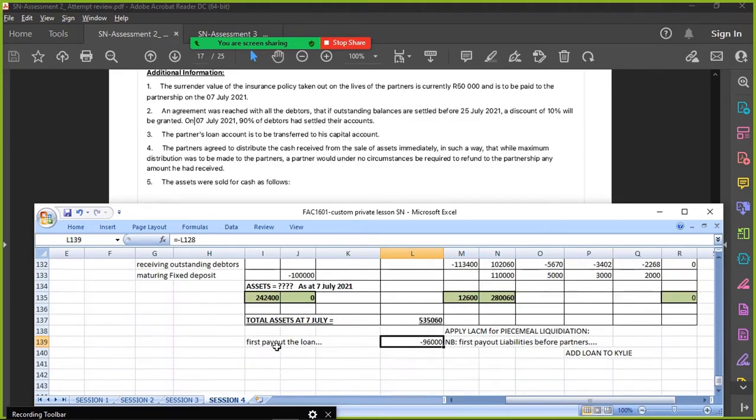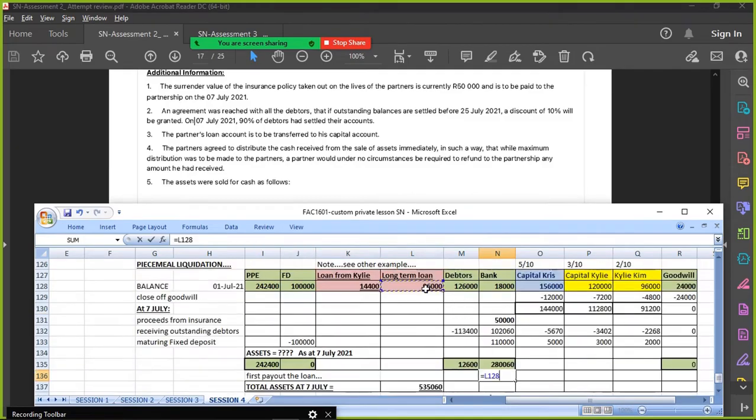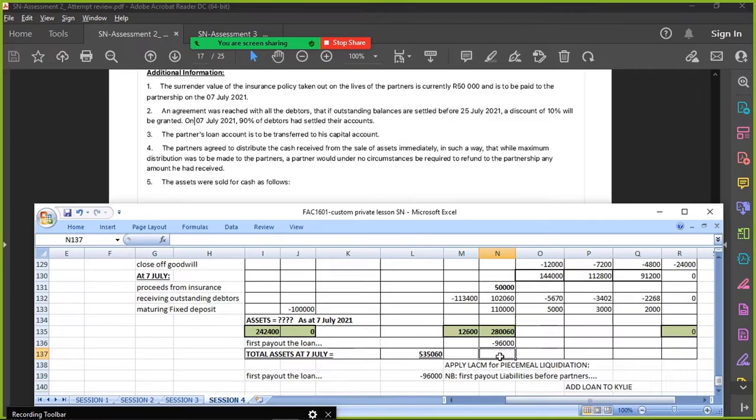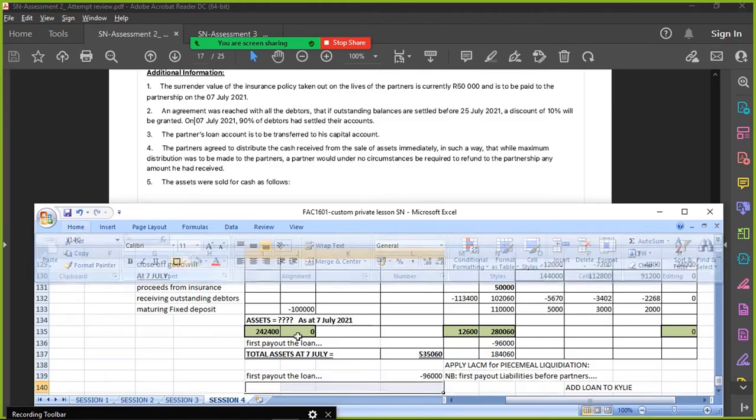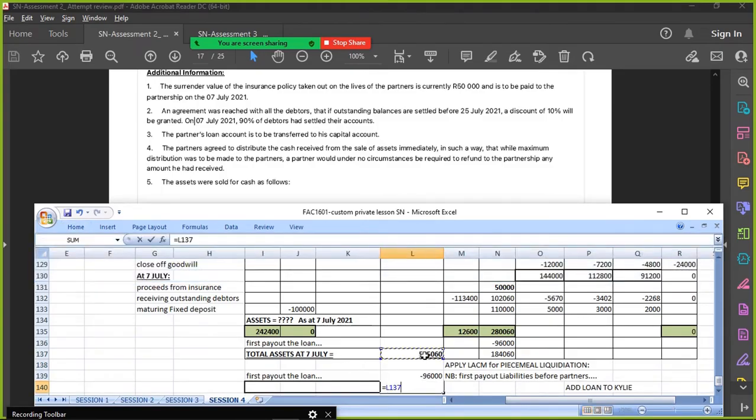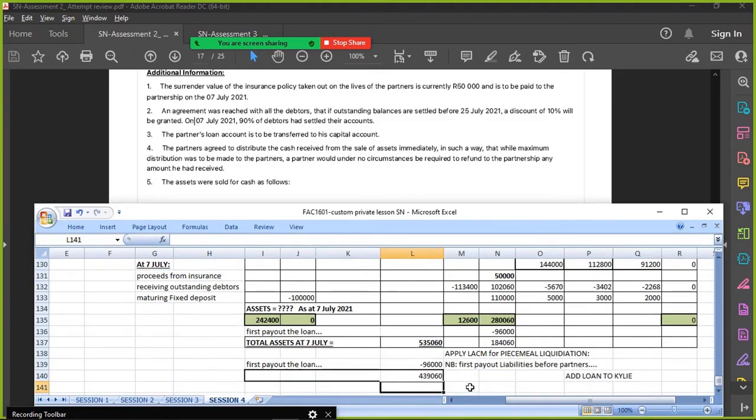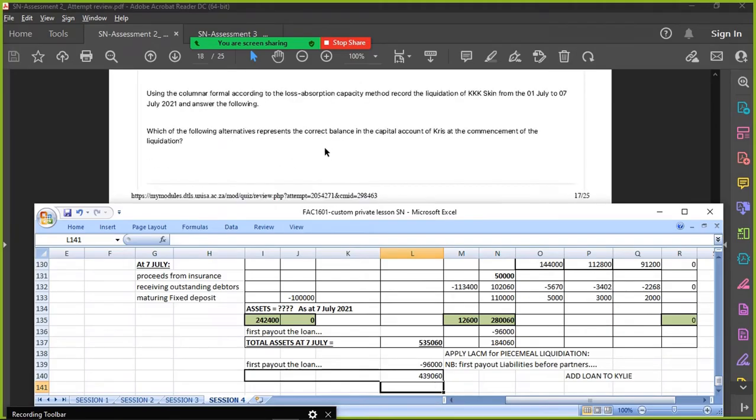This needs to pay off the loan, so I'm going to move this up there, delete that and put that there. 96,000, minus 96,000. All right, that's going to give us a new total for our assets. That's also not an option, hey?